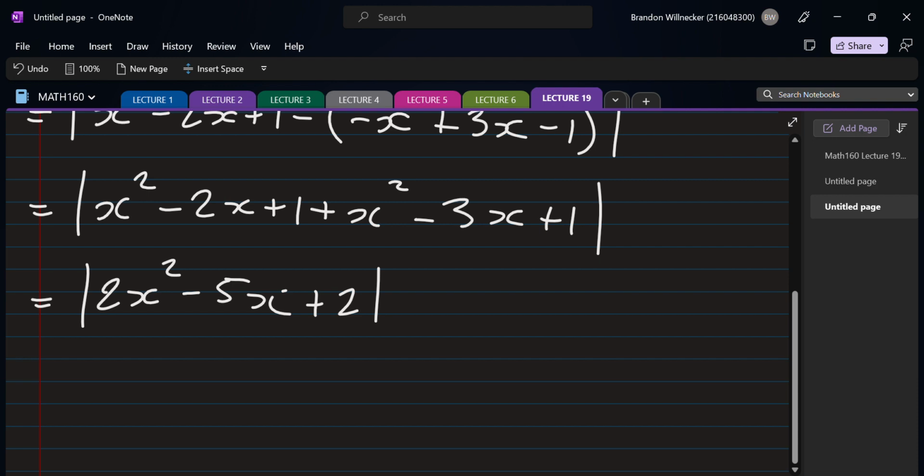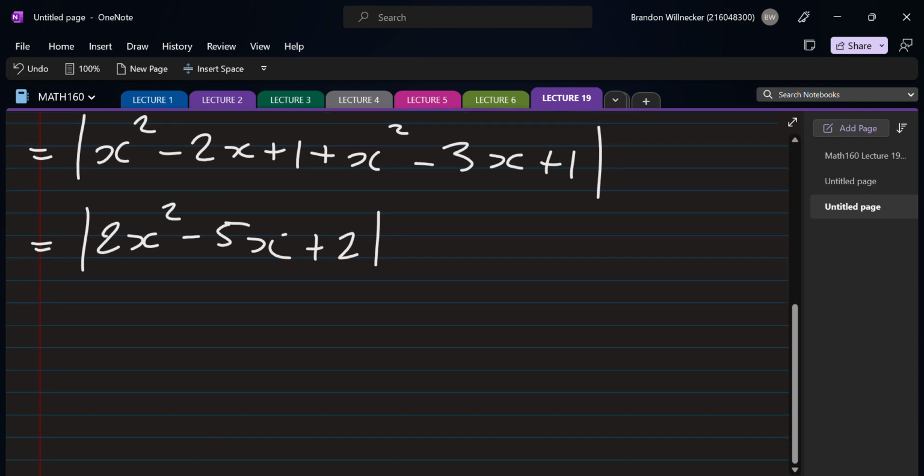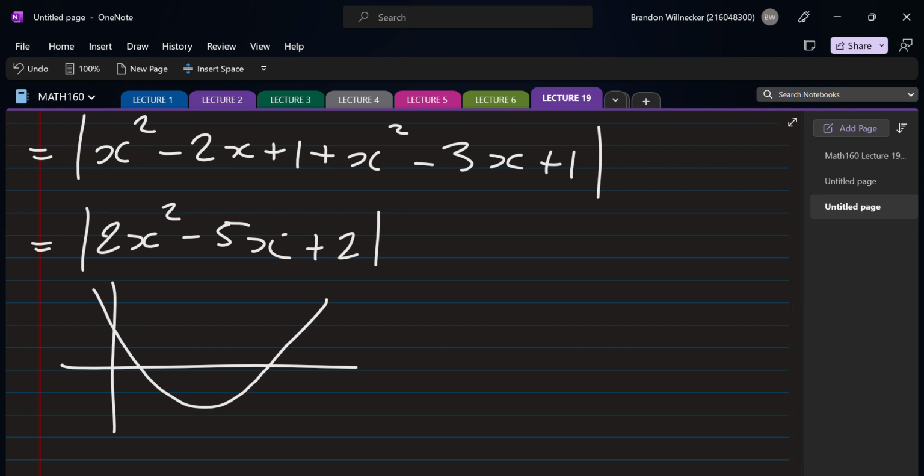So what we want to do is determine the absolute value of this function. Finding the absolute value of just a number is easy to do, but what about a function? Let's say something like this is our function.